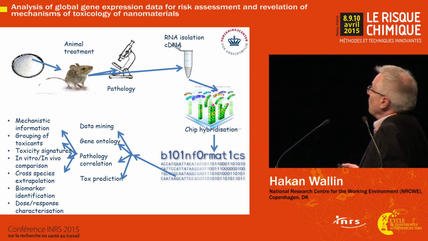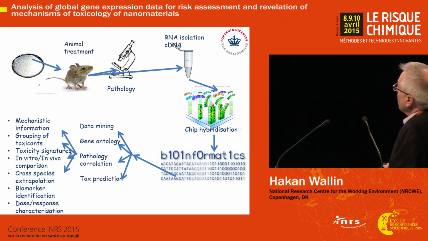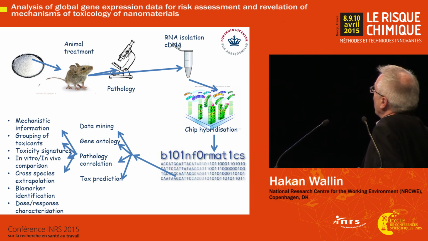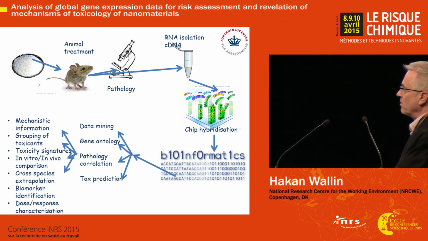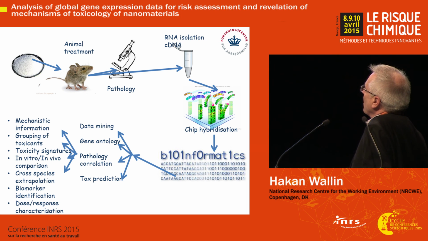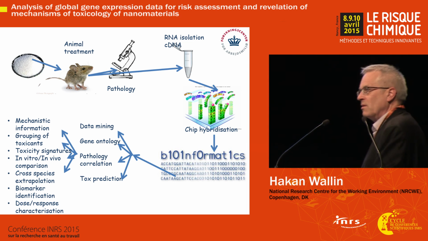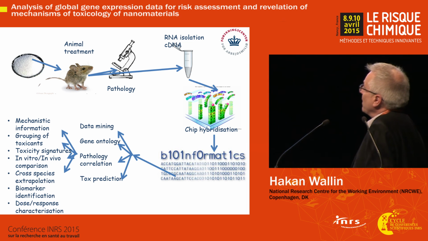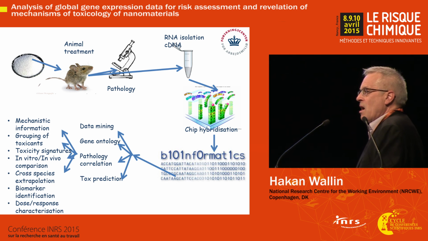So back to my old slide, what is the use of these high-throughput methods, transcriptomics? First of all, I've demonstrated how you can achieve mechanistic information about the process of the toxicant. This great interest in Europe now is about the grouping of toxicants, in my field, nanomaterials.